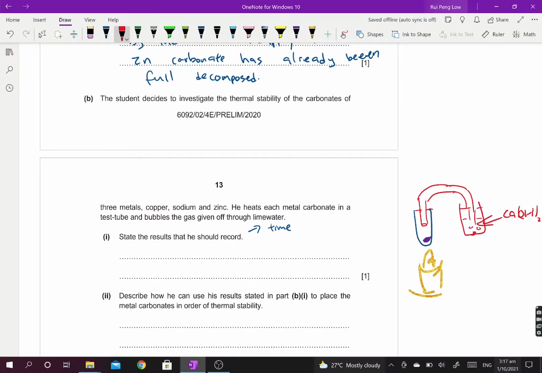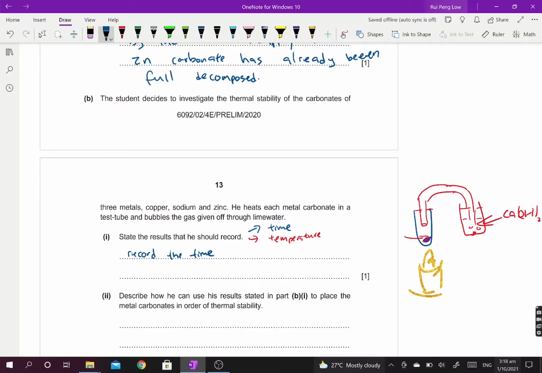Now that's one way. Another way you can do is measure the temperature. Now this may be a little bit hard, so I don't really recommend, because it is quite difficult to measure the temperature of this. Okay, so what I will recommend is record the time. Why is that so?